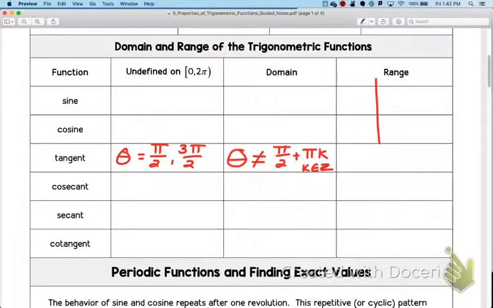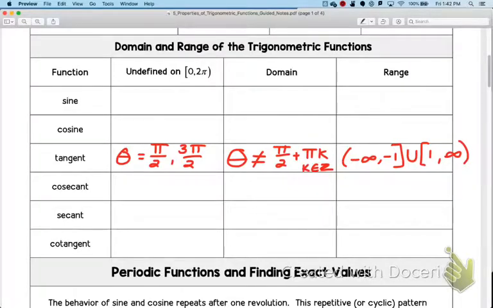So the range is everything except between -1 and 1. So we're going from -infinity to -1, and then there's that gap, and then from 1 to +infinity is going to be my range.